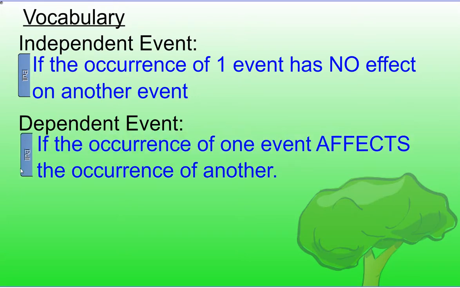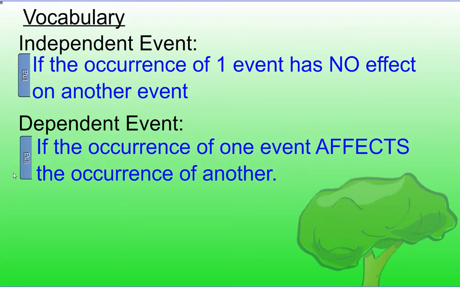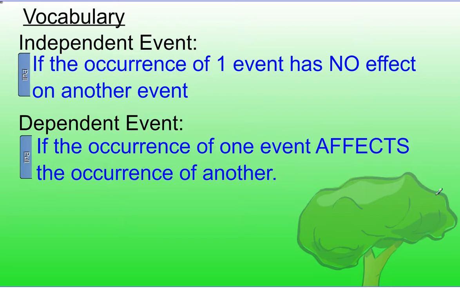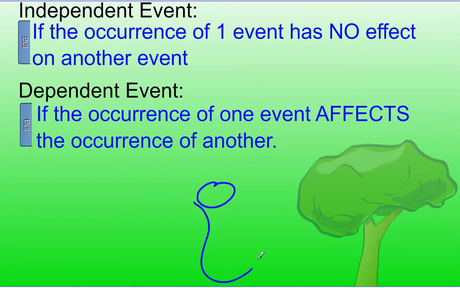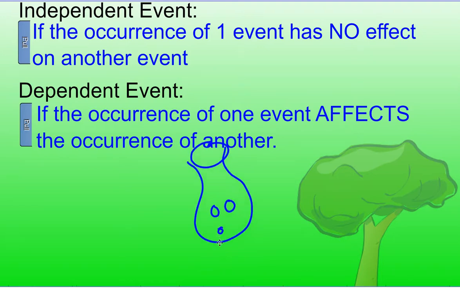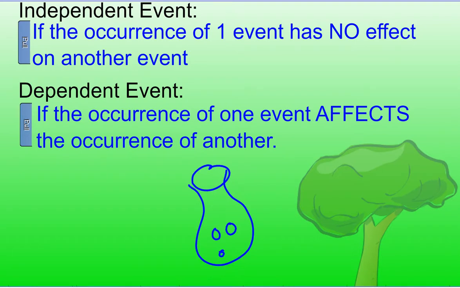2 events are dependent if one event does affect another. An example might be if you had, say, a bag of marbles, and you pull a marble out. So if you say, what's the probability of pulling out a blue marble? Well, 3 out of whatever. Now if you take one marble and you pull it out, now the probability changes.